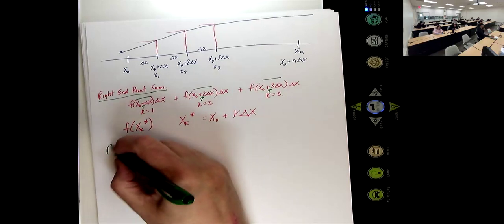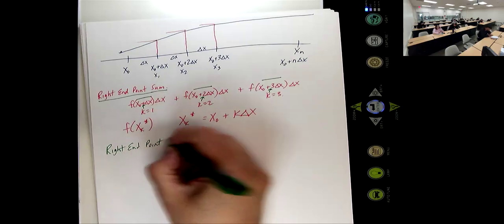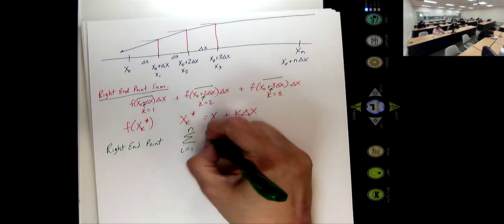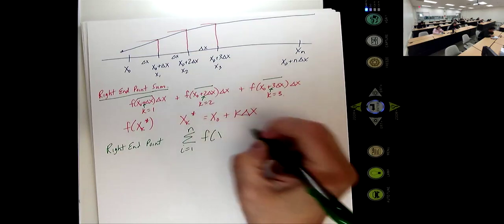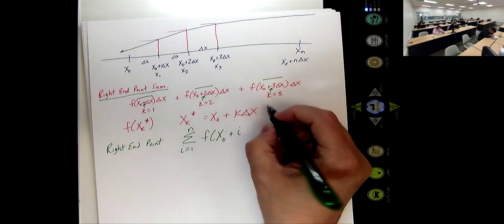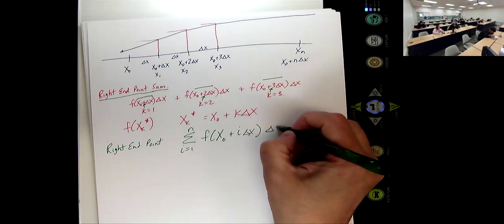So the right endpoint formula is a summation of i equals 1 to n of f of x sub 0 plus i delta x, times delta x.